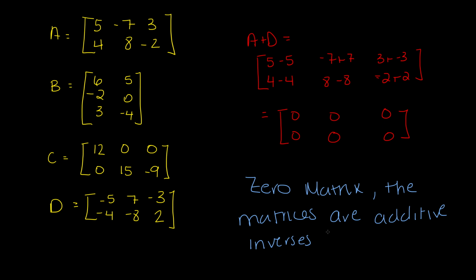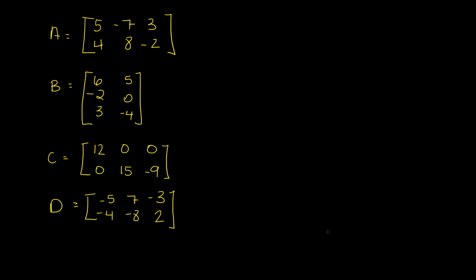All right. So what is an additive inverse of matrix B? Looking at matrix B, here is a 3 by 2. My additive inverse would be something that I would add to it to make it 0.